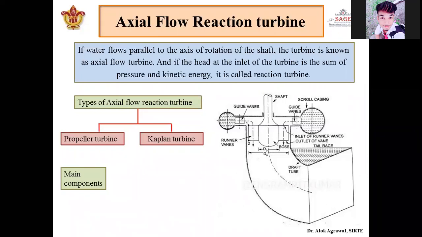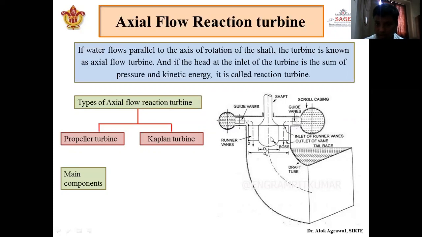Water will come from the penstock to this casing, and through this casing, the water moves to the guide vanes. This is guide vanes. What is the function of this guide vane? This guide vane changes the direction of water by 90 degree so that water will get inside the turbine at the inlet of the turbine blade. This is called runner or turbine runner vanes.